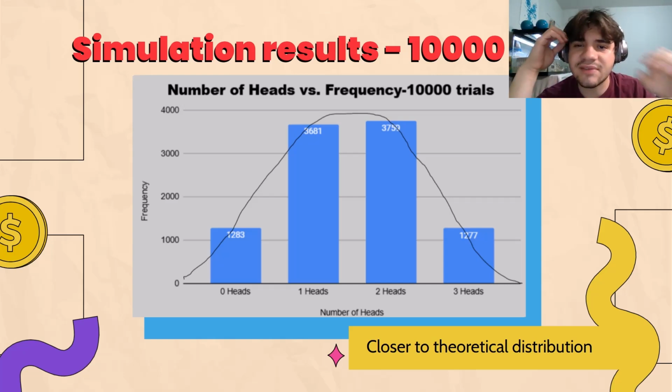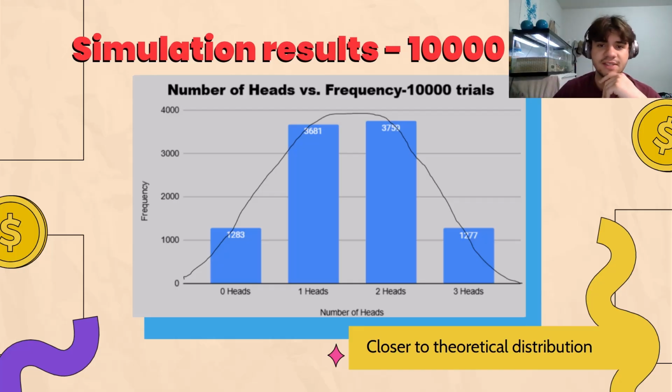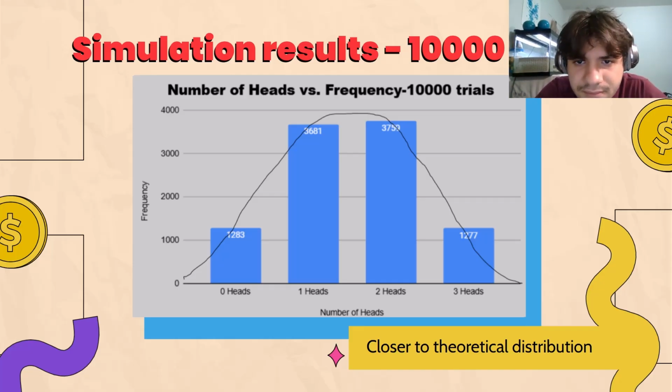This relates right back to the theoretical distribution I was talking about in the binomial distribution. If you remember, we got 0.375 as the probability of two heads, which is about 37%, and that's closely related to the theoretical distribution chart that I made.